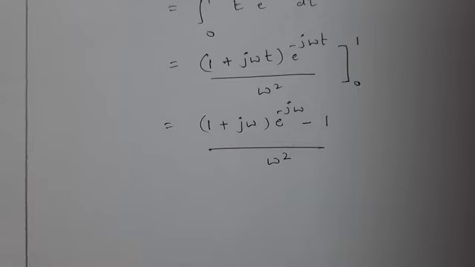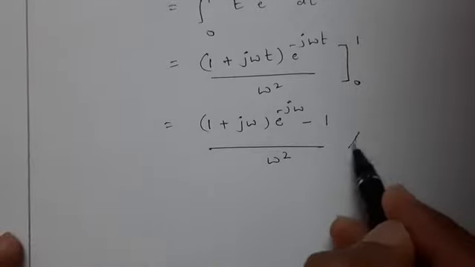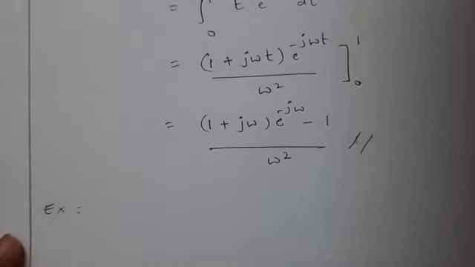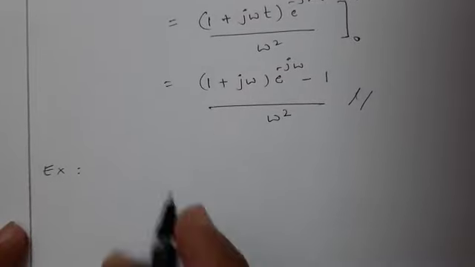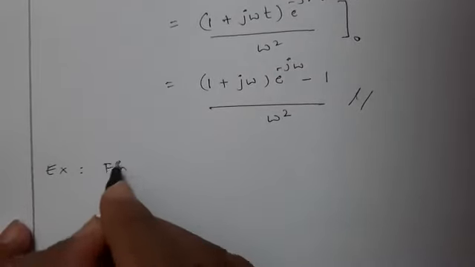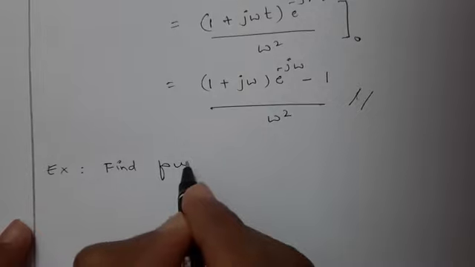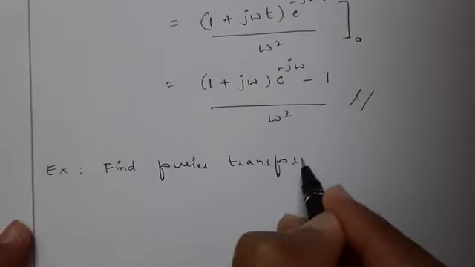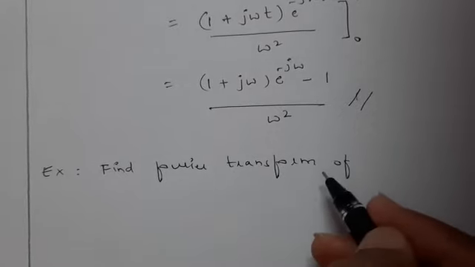So here the Fourier transform of x of t is this. Similarly we will go for the next example, a very important one. Find the Fourier transform of a rectangular pulse.